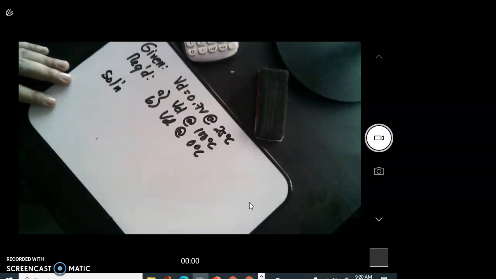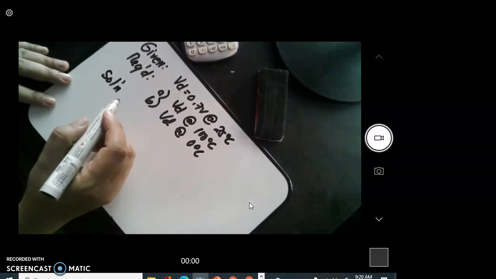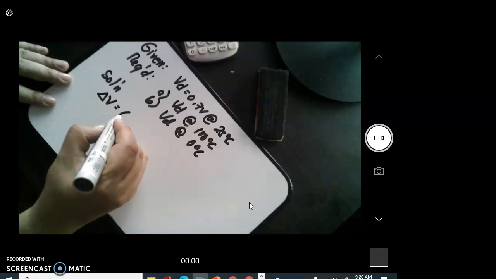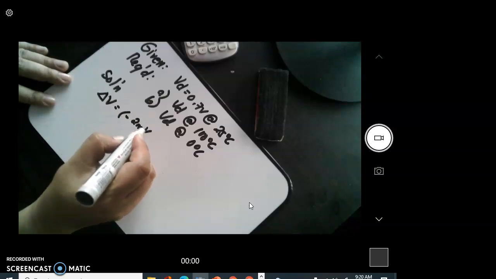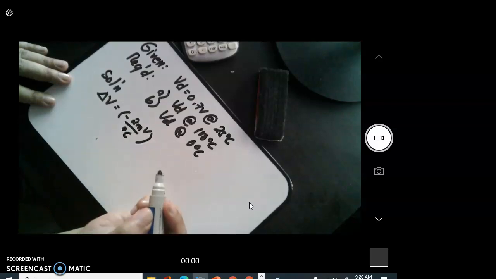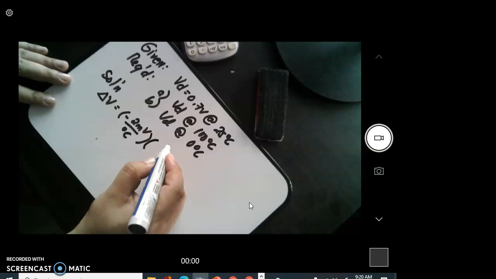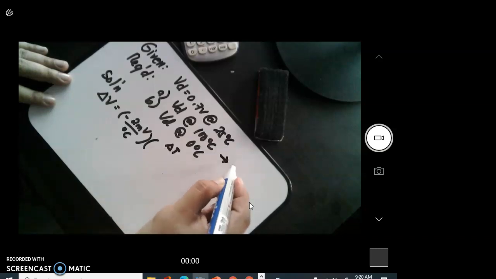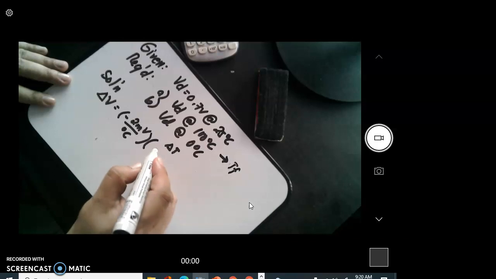As mentioned in our discussion, the change in voltage is simply equal to negative 2 millivolt. There will be a decrease of 2 millivolt per degree Celsius if there is a rise in temperature. So, delta T is simply final minus initial. So, this 100 degrees Celsius is now our final temperature. So, we have now delta T is final minus initial.